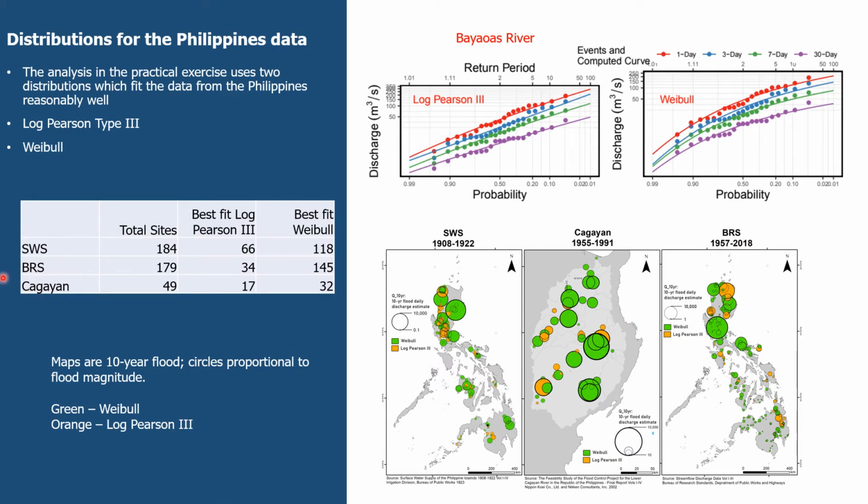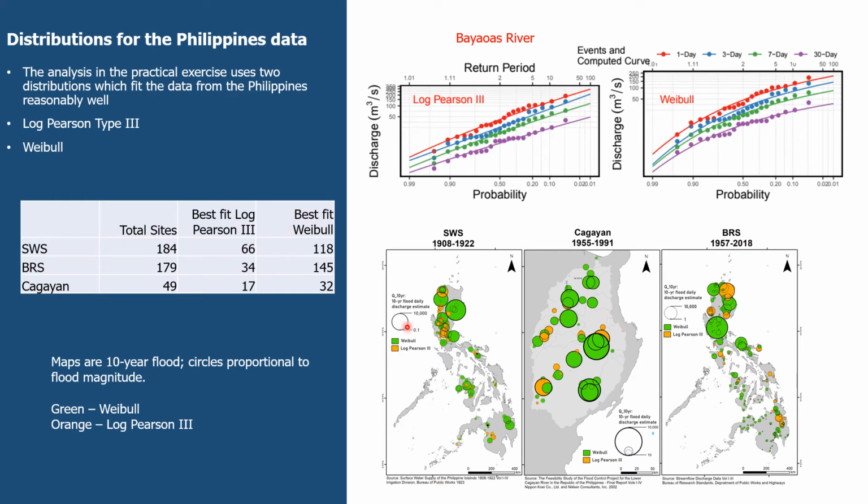In our 3 data sets that Pammy will explain to you in a different presentation, we find in this data set, the SWS, that the log Pearson type 3 fits best in 66 out of 184, about 1/3. In the BRS, it's 34 out of 179, so about 20% roughly. And in the Cagayan data set, it's 17 out of 49, so again, about 1/3. The remaining 2/3 or 80% in this data set are better fitted by the Weibull distribution.